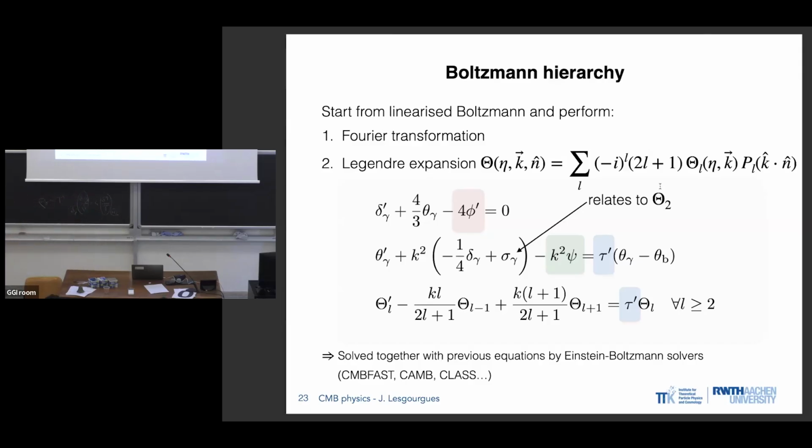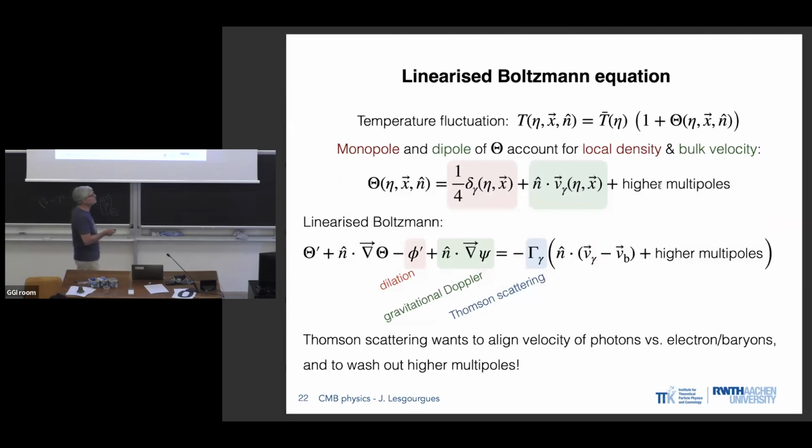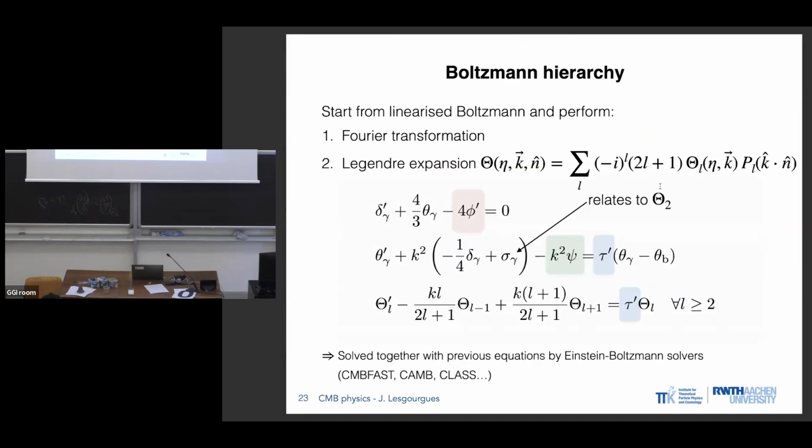So L is a multipole number, and then you plug this Legendre expansion into your full Boltzmann equation, which was written here. You identify the terms multipole by multipole, and you obtain this famous hierarchy of equations. This is the equation for the monopole, for the dipole, and for higher multipoles.